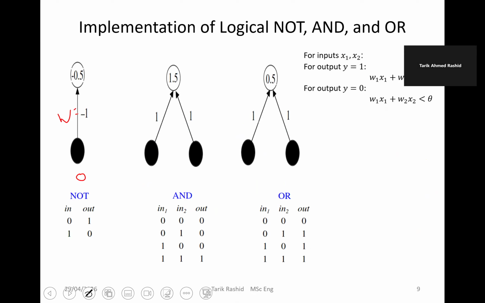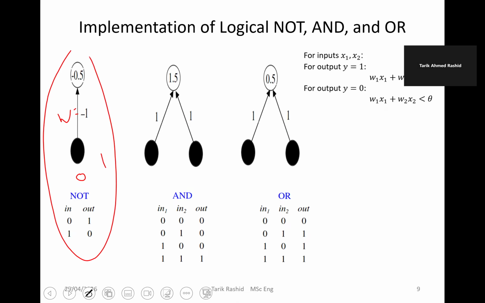And then if we put 1, 1 multiplied by minus 1 would be minus 1. Minus 1 is greater than 0.5? No, then it'll be 0.